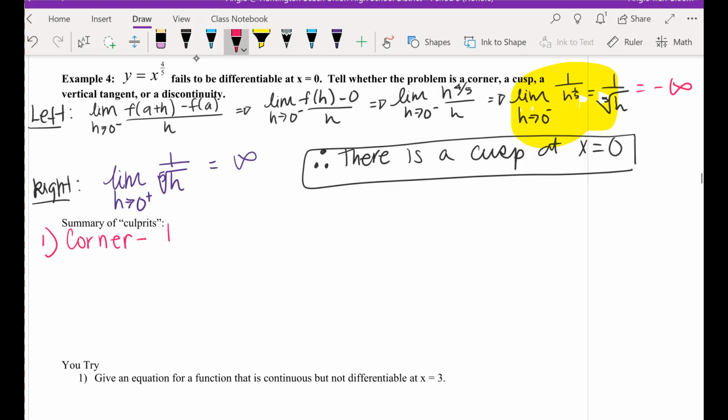When you use limit, it can be derivative. It's continuous, but left and right derivatives are different. Can you have a corner if it's not continuous at that point? Then it would just be a discontinuity.